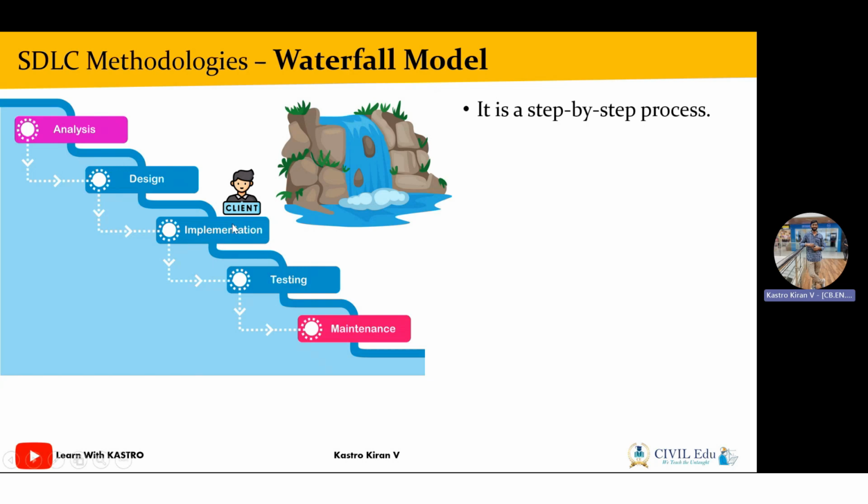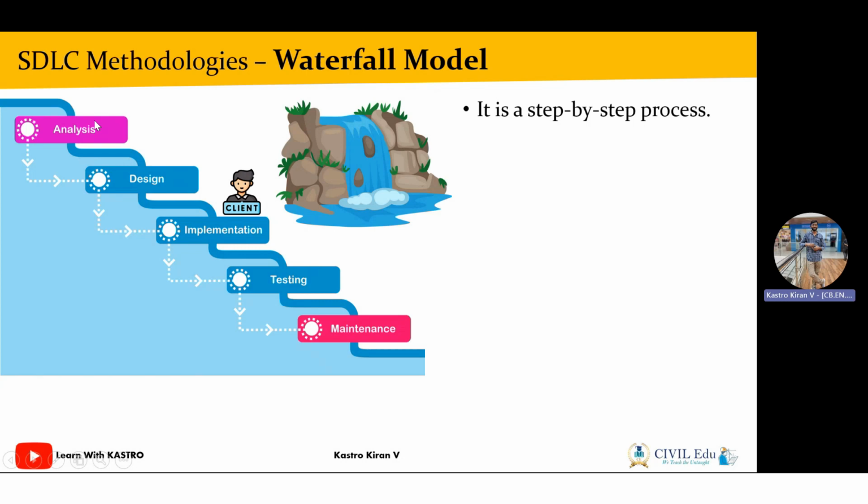Now, what will the team members do? Team members cannot write the code completely here. Why? The reason is the client has come up with a new idea. Now, since the client has come up with a new idea, they have to again restart the entire process from the very first phase. That's called the analysis phase.